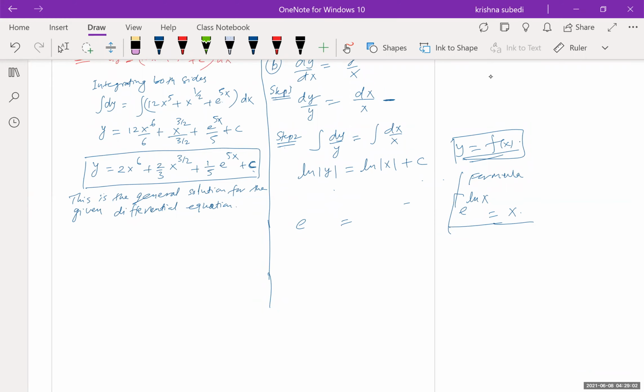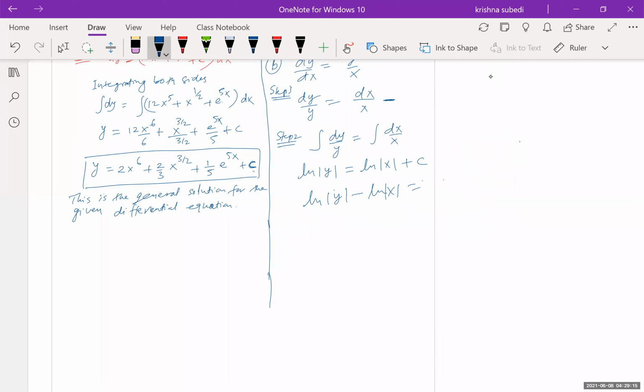Instead of that, let us do a little bit of a high school calculation. First, we combine the logarithms together. So that's going to give me ln y minus ln x equals c, okay? To make calculation easy, it's all about pre-calculus algebra now. So then we can write this as ln y over x equals c.